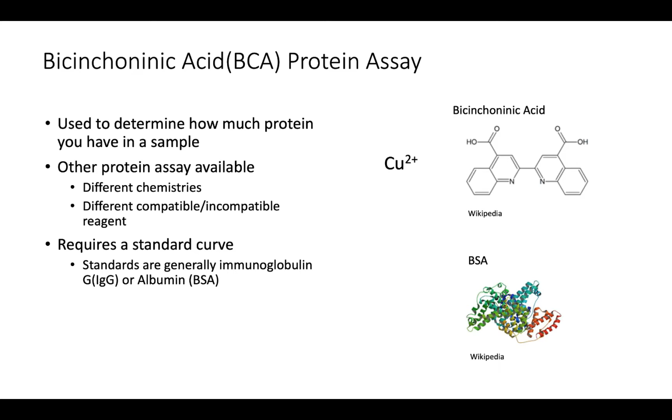The important thing with a BCA assay is it requires a standard curve. A standard curve like you've produced in all of your Beer's law experience prior to this lab. Since this is an endpoint assay, we are taking a reaction as it goes and measuring it at a set point in time.